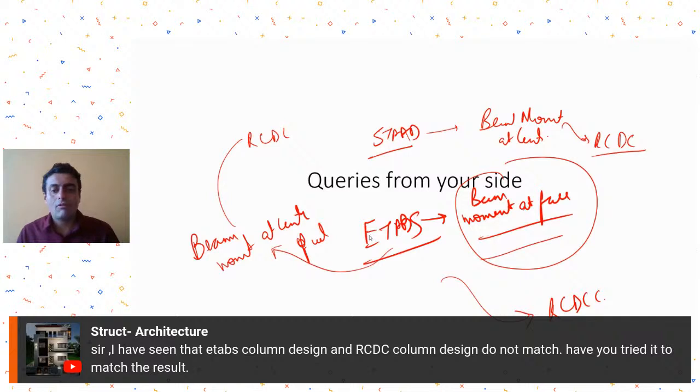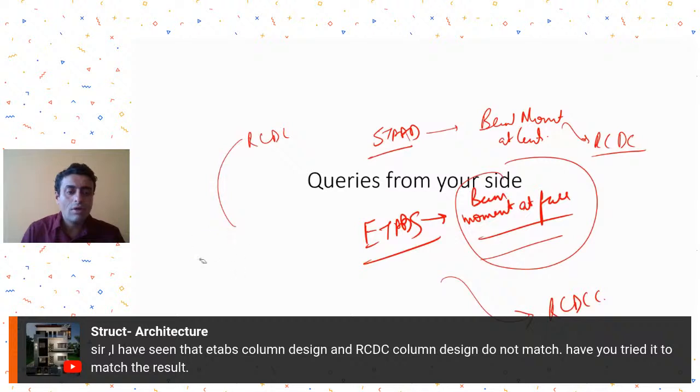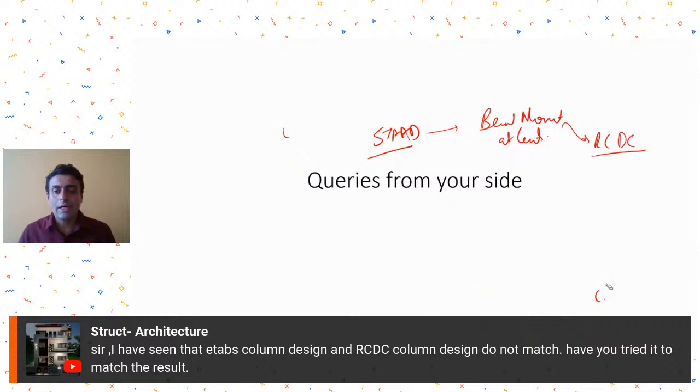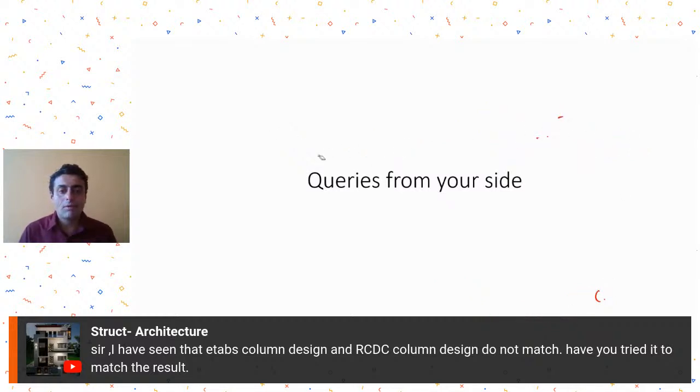I think why it may not be matching for you is because RCDC uses a slightly different process for column design, which is called the resultant moment method. RCDC has developed its own method for the biaxial moment check, which it calls the resultant moment method.